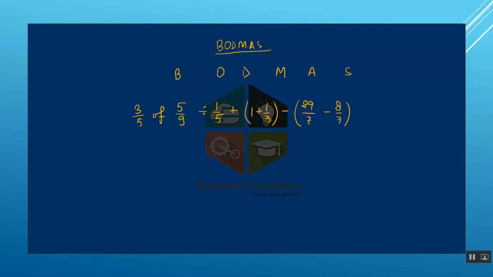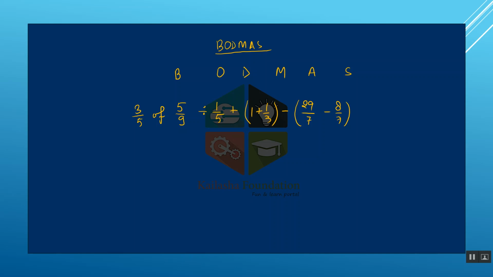If you don't follow the BODMAS rule, you'll get different answers and there is no certainty what answer you'll get. Okay. So there must be a common rule and that rule is BODMAS rule.